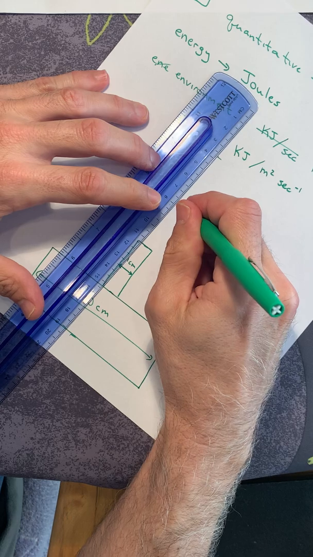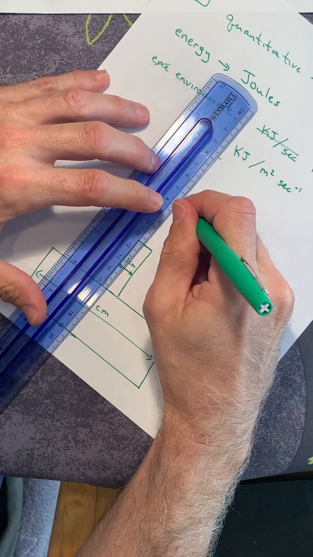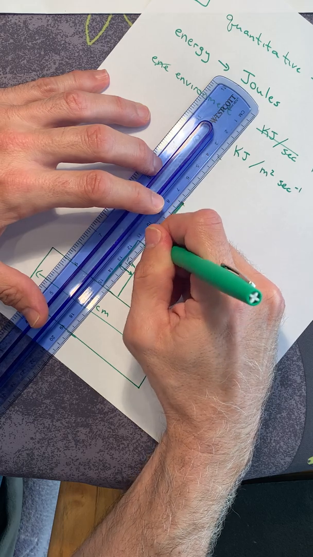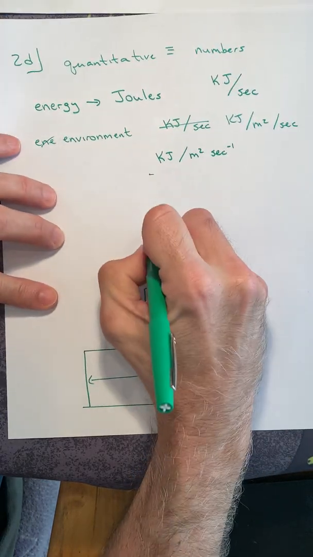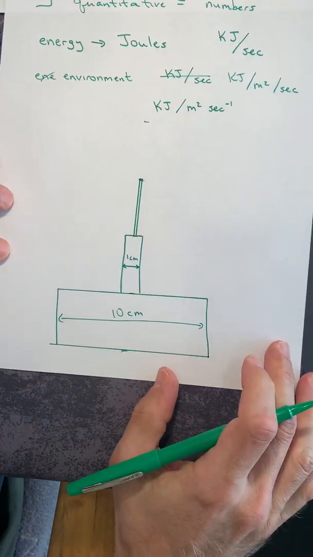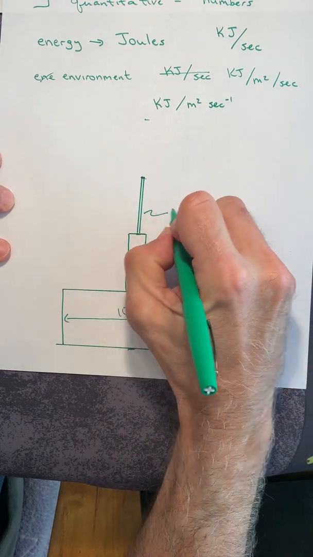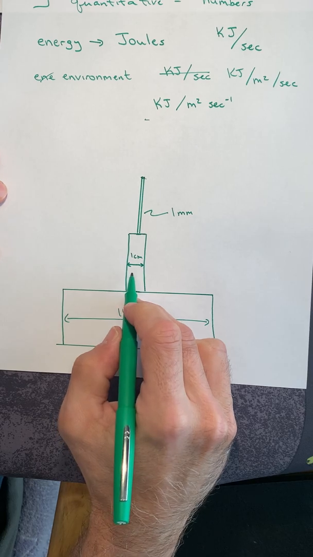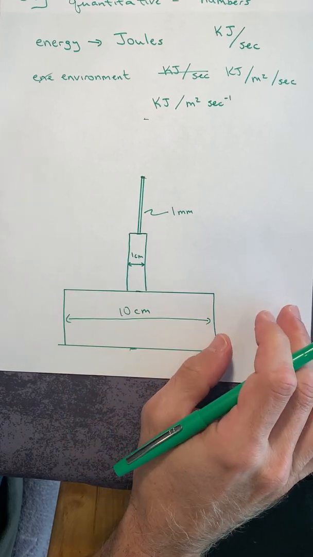I'm going to have to use the ruler. I can draw pretty straight lines, but not that straight. Boom. So now that is only 1 millimeter, or again, 1/10 of the previous step.